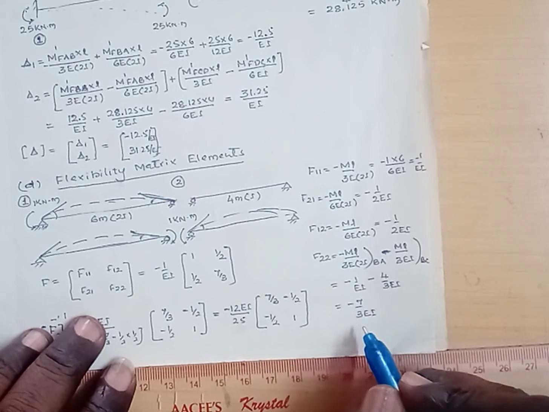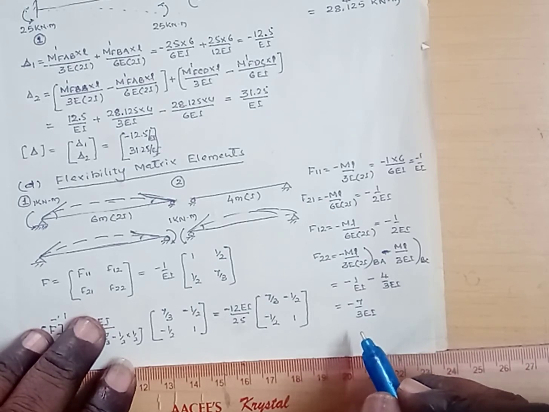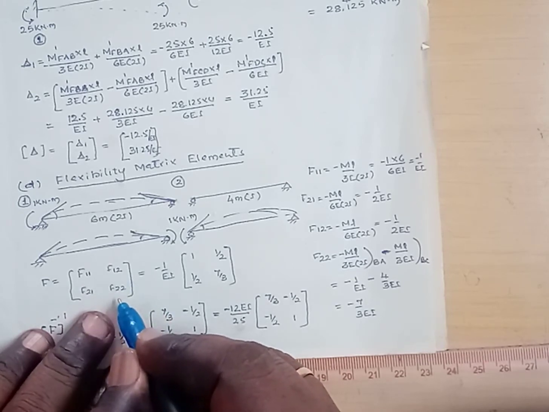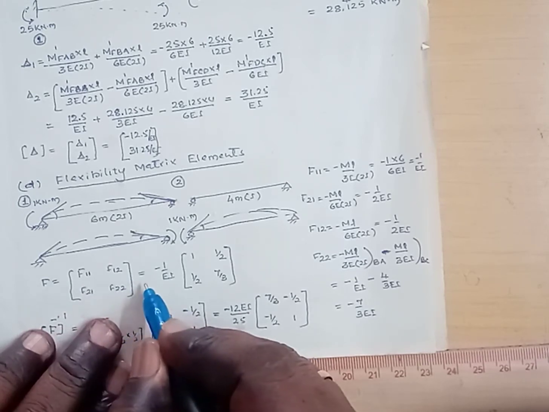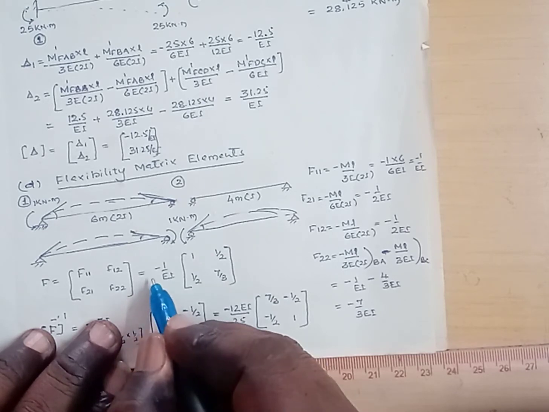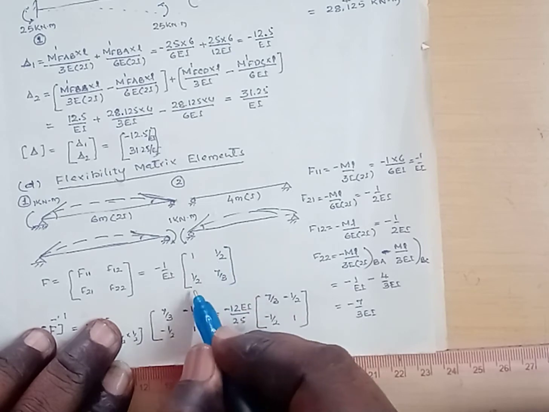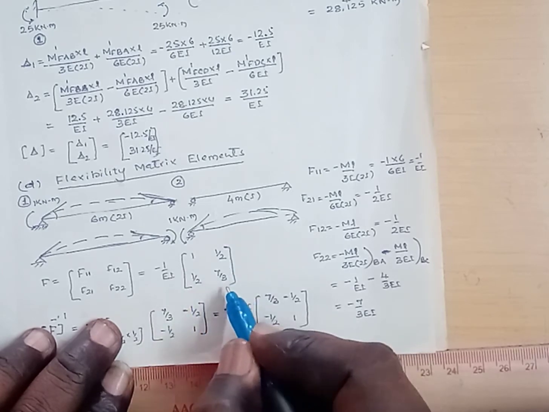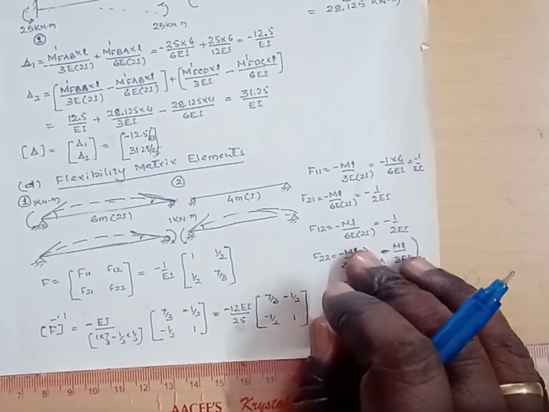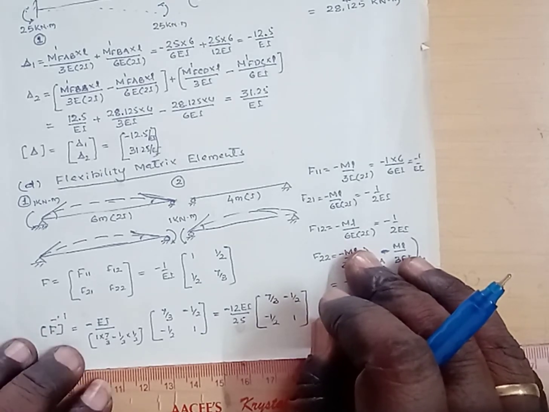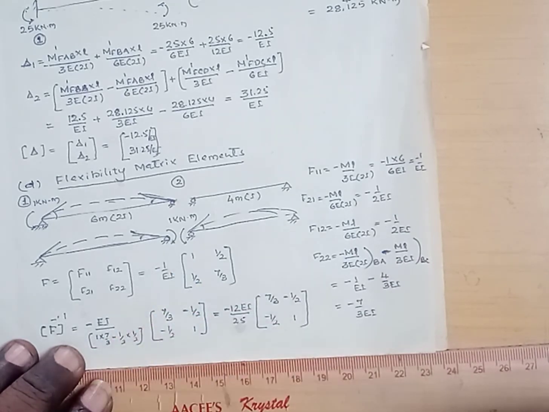Now we are able to write the flexibility matrix, that is F11, F12, F21, F22. The order of the matrix is 2 by 2. Minus 1 over EI is common. The elements are 1, 1 by 2, 1 by 2, 7 by 3. Now we can calculate the inverse of this flexibility matrix, that is given by 1 over EI. Inverse of minus 1 over EI is minus EI.